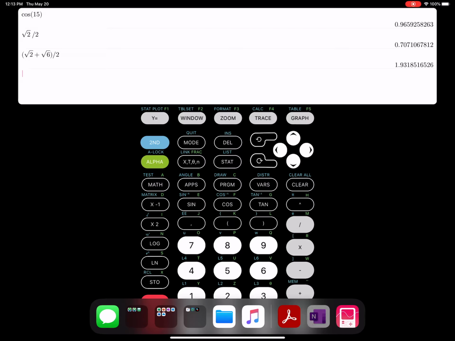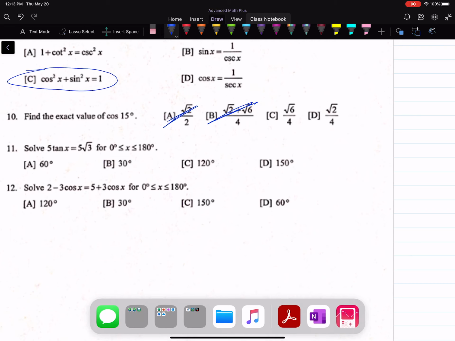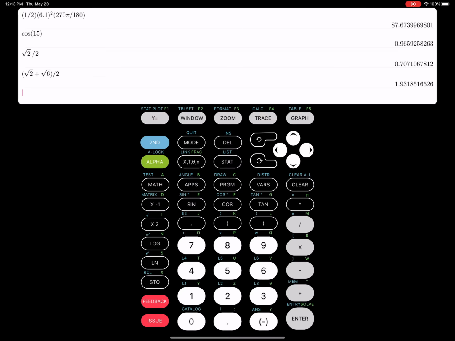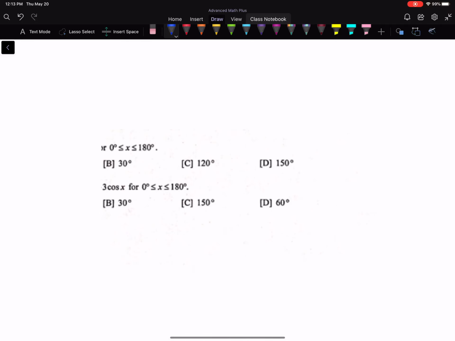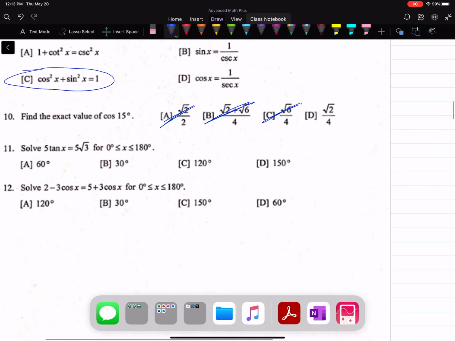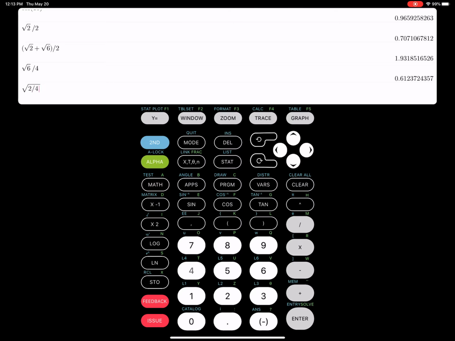So, can't be B. Let's try just square root of 6 over 4. So, square root of 6 divided by 4. That's a no. So it has to be square root of 2 over 4, but I'm going to double check. Square root of 2 divided by 4.